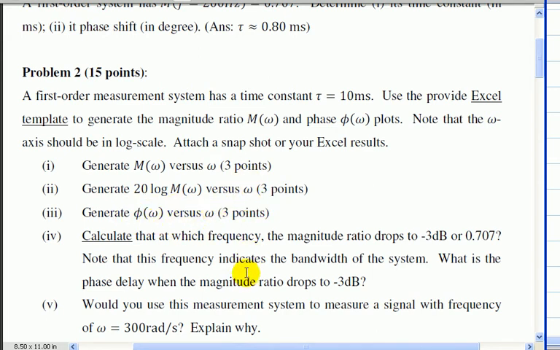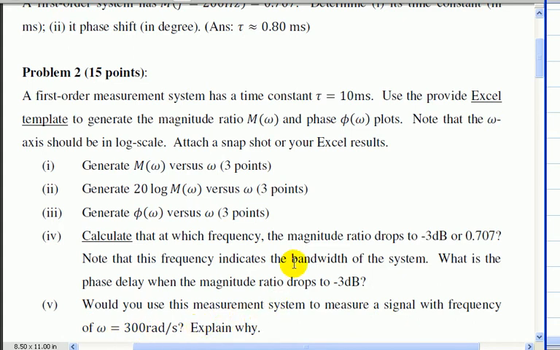Based on the plots, I want you to calculate, based on the data, at which frequency the magnitude ratio drops to negative 3 dB or 0.707, and what is the phase delay at that frequency. And the last question is, would you use this measurement system to measure a signal with frequency of omega equal to this?